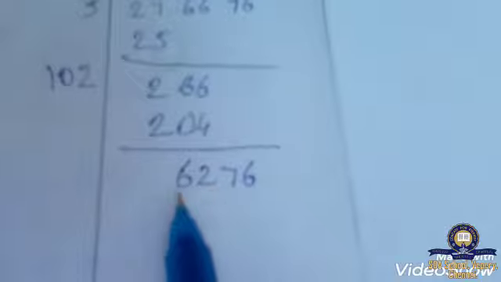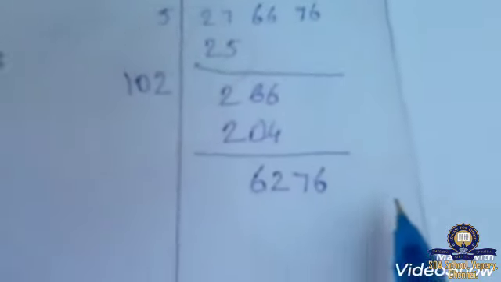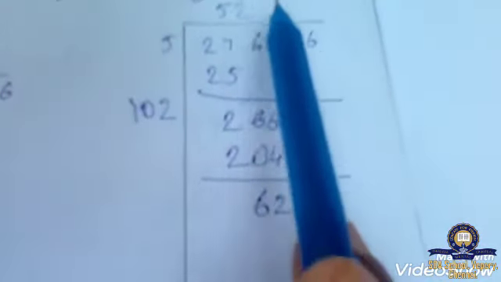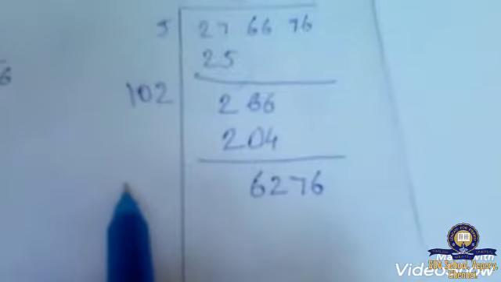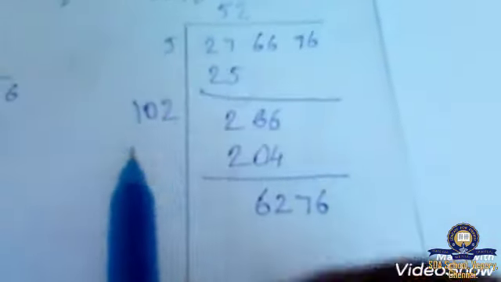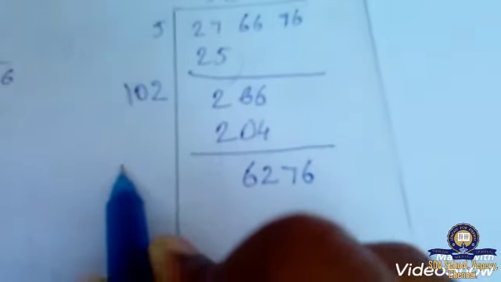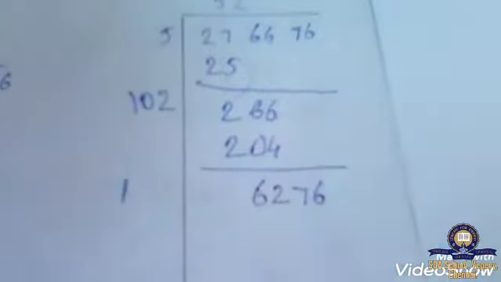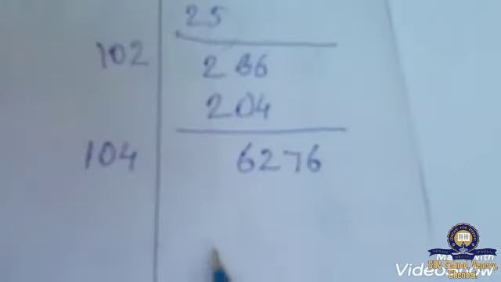So now we get 6276. Again we double the quotient. When we double the quotient, we get 104.